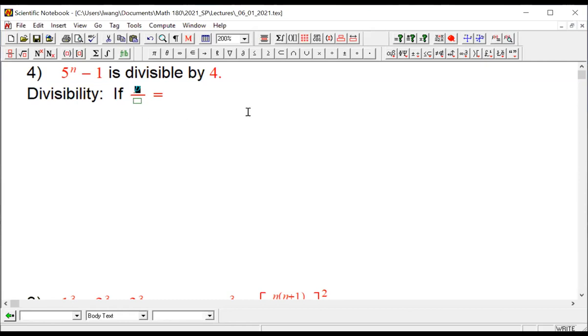The number on the top is a numerator, right? The number in the bottom is called the divisor, right? And there's a quotient and there's a remainder, right? So I'm just going to write this general form.